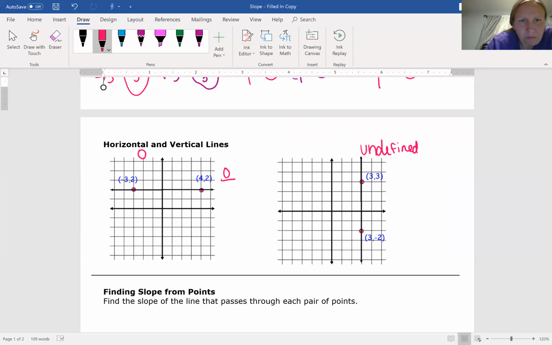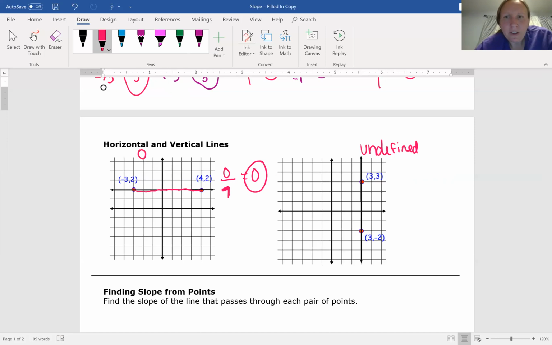And in this case, the run would be 1, 2, 3, 4, 5, 6, 7. But it doesn't really matter what the run is, because as long as there is no rise, you didn't go anything up or down, that means there's a 0 on top. And mathematically, 0 divided by a number, as long as it's not 0, just equals 0. So that's why horizontal lines have 0 slope.